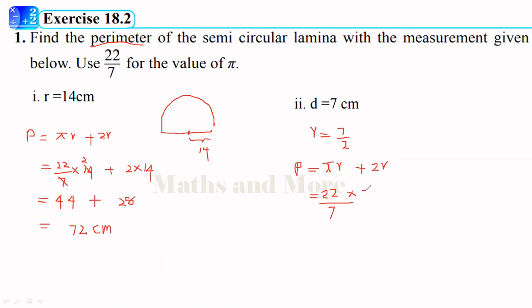Radius is 7 over 2. Two times, here the radius also 7 over 2. I keep it as 7 over 2 because I can cut that with this numerator 2. That is why I substitute as 7 over 2.